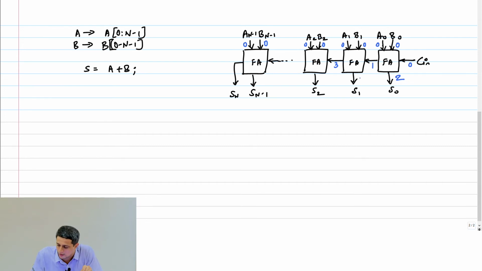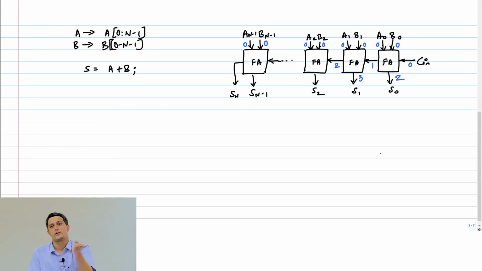Right? And what about the sum? If this is 1, this will be 2, right? Yeah, 2. Correct. Now you keep doing this, and you will find that my carry is being propagated from one stage to another stage, which means that the kth stage cannot finish its evaluation until that carry in has come, right?